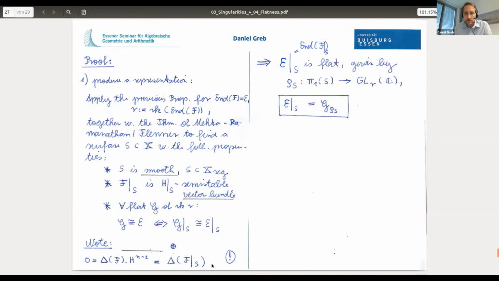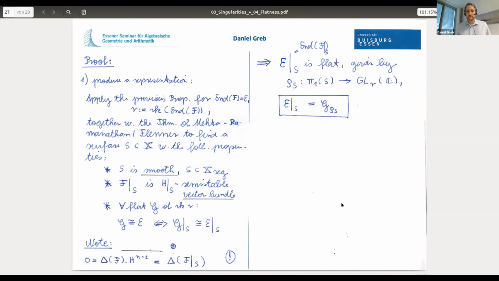Okay, so I apply the classic result, which means that the endomorphism sheaf of F restricted to S is flat. Because everything is nice and smooth and locally free, the endomorphism sheaf of F restricted to S is the restriction of the endomorphism sheaf. So these two operations, restriction and taking endomorphisms, commute in my setup.